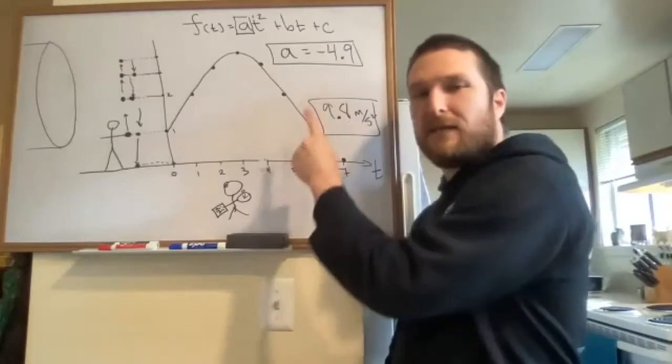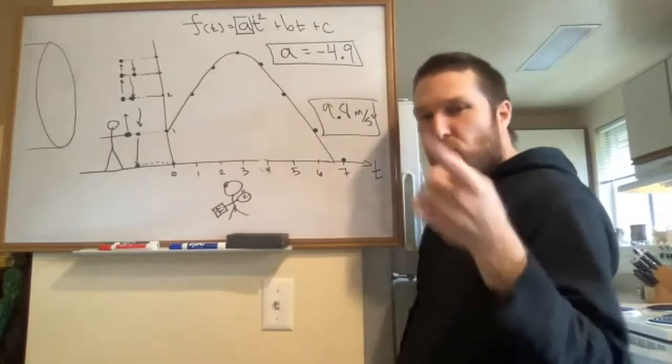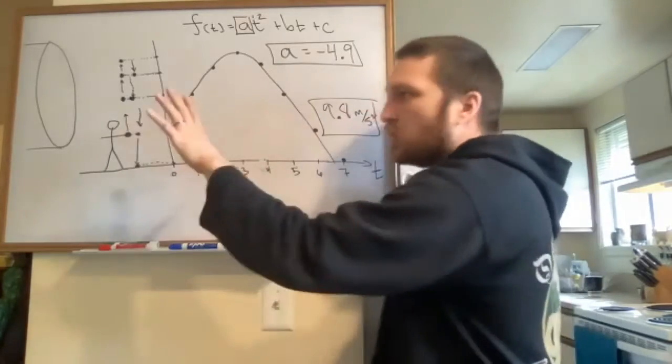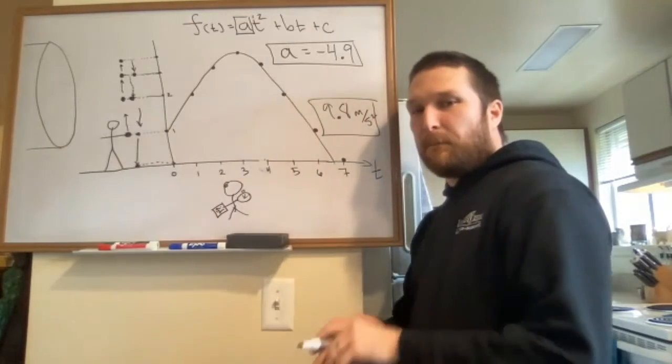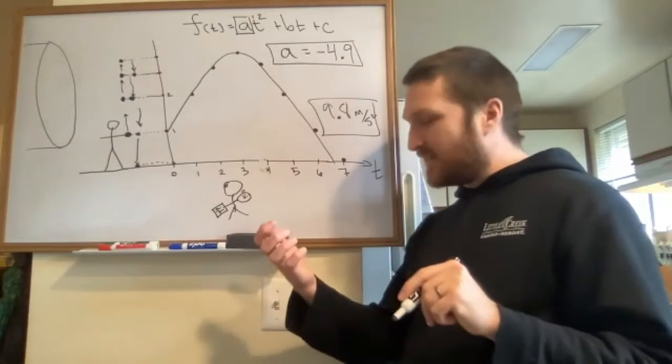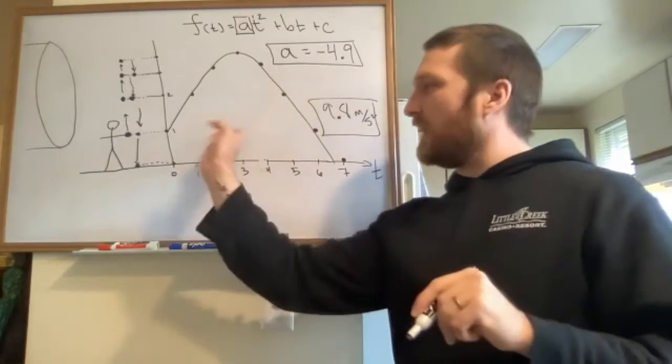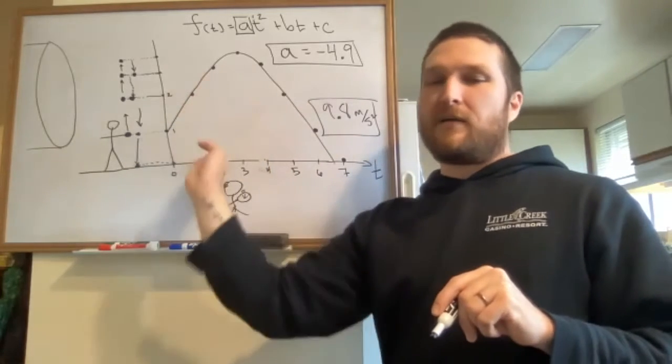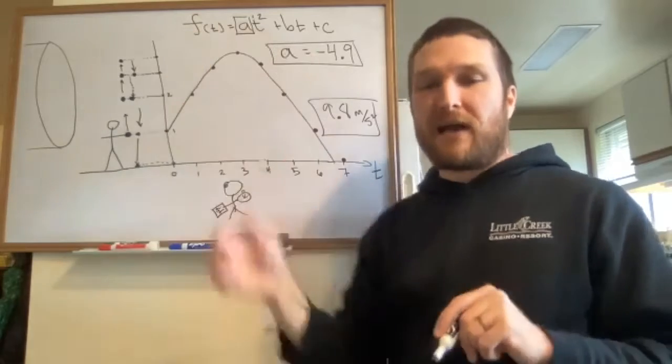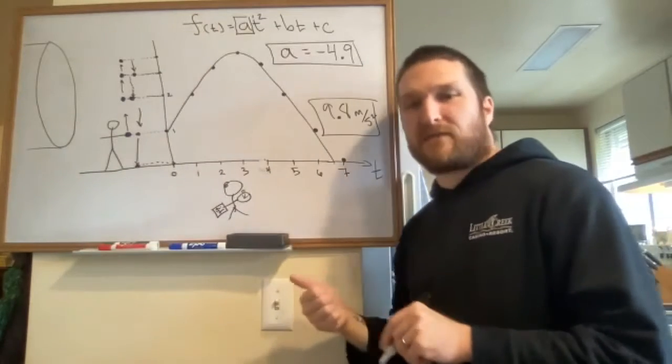This is simply empirical. This is simply that you and I went out, we took a big old spotlight and a wall and a piece of paper and a stopwatch. And of course, we would have had to use a ruler or a meter stick to find out the heights. But we did this experiment about 1,000 times.